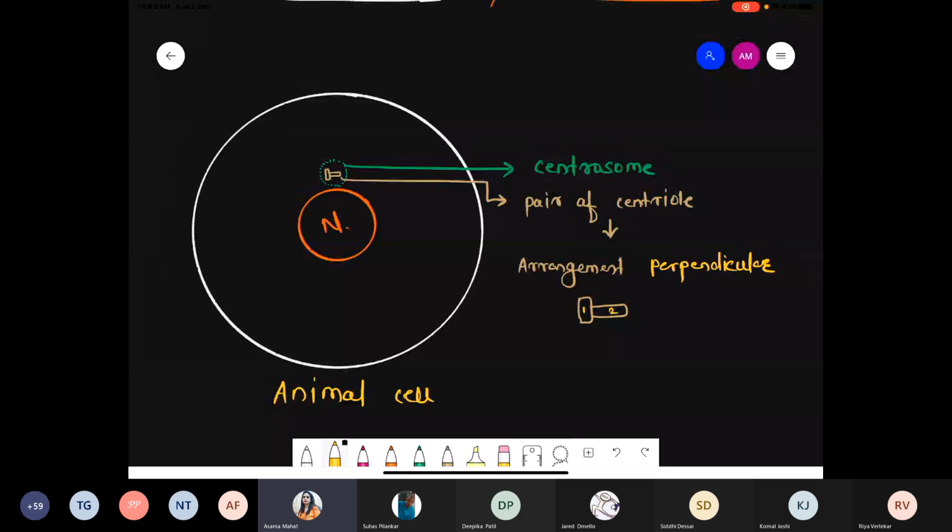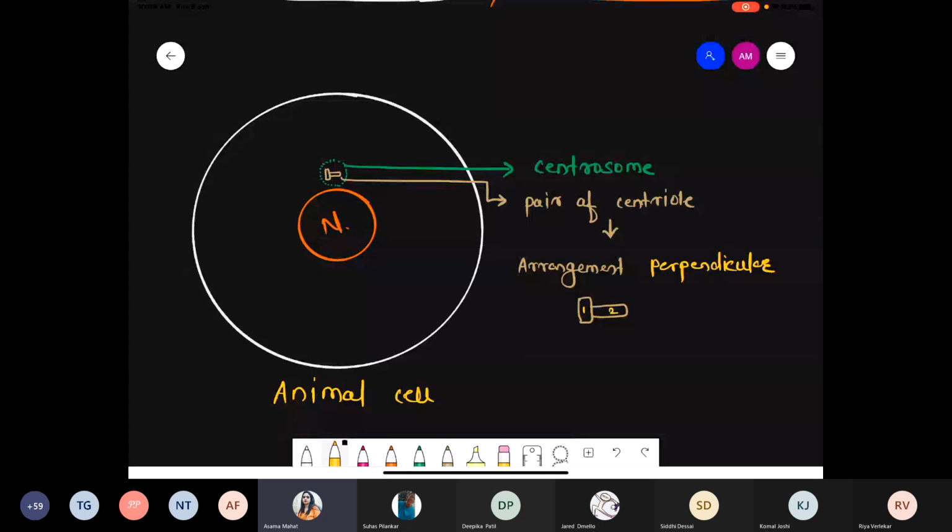Centrosome is a structure totally made up of microtubules without plasma membrane, and it is present inside the cytoplasm near the nucleus. This part is important because in the next chapter we'll start cell cycle and cell division, and at that time we have to focus on the centriole.